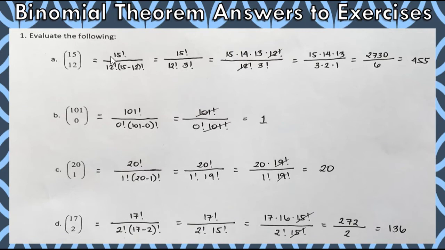Okay, so here, N is 15, so 15 factorial over R is 12, so 12 factorial times N minus R, so 15 minus 12 factorial.